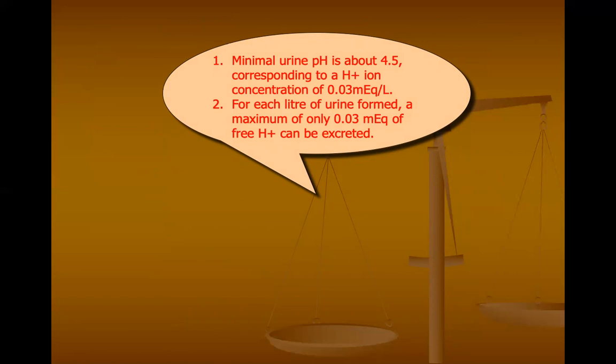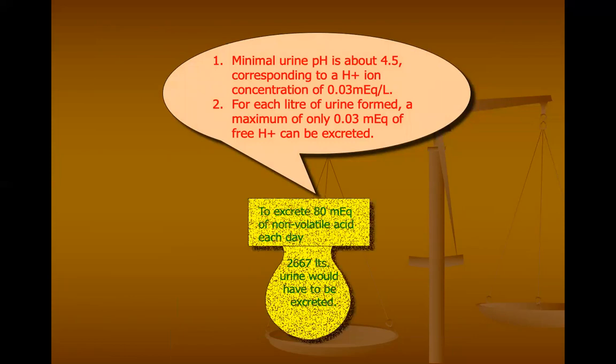So to excrete 80 milliequivalent per day of non-volatile acid in the ionic form, one would need to form 2,667 or roughly 2,700 liters of urine each day, which is not feasible.